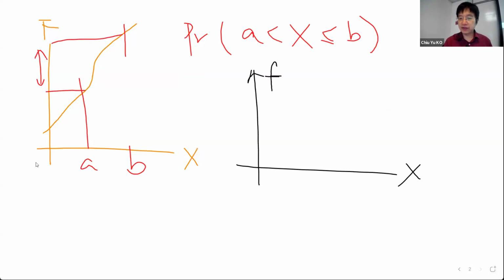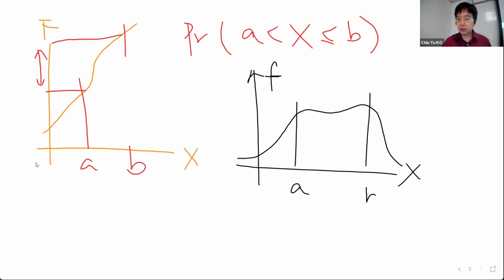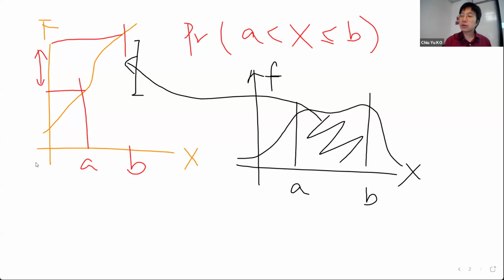The small f can look like any shape. By looking at A and B, the probability is the same as this height. What are these values? Say there is a point C here.